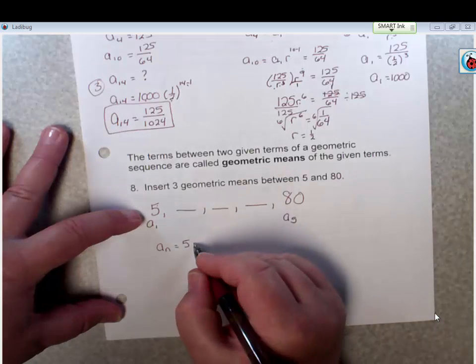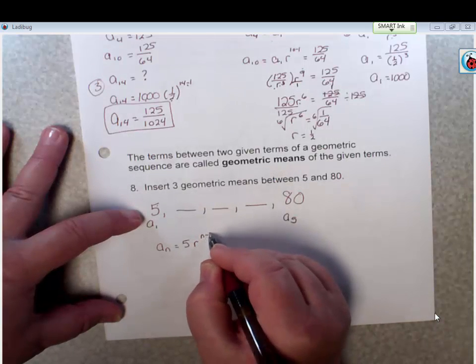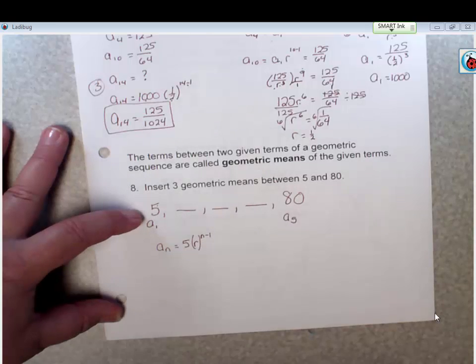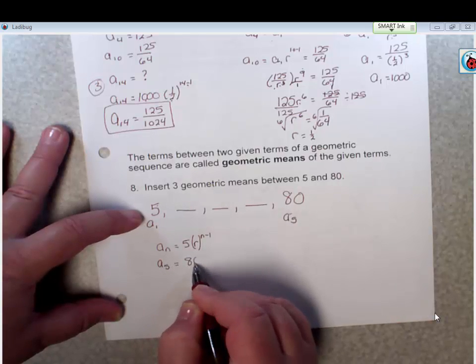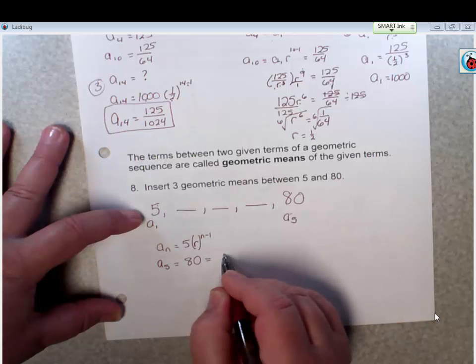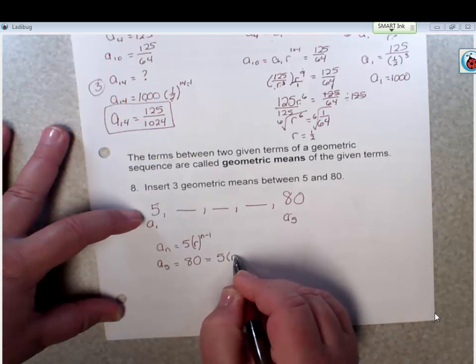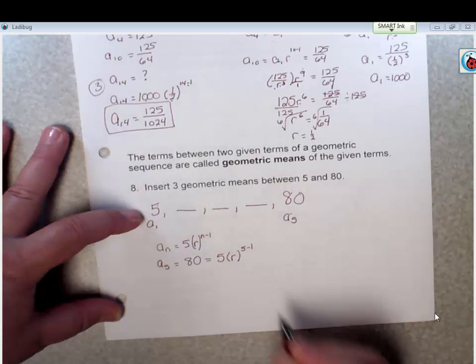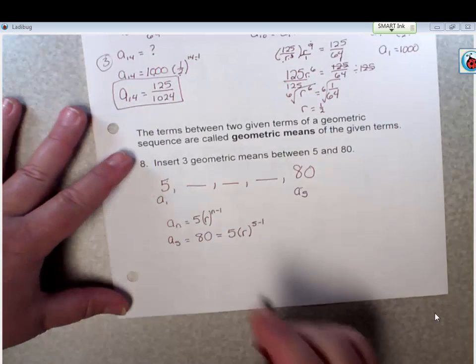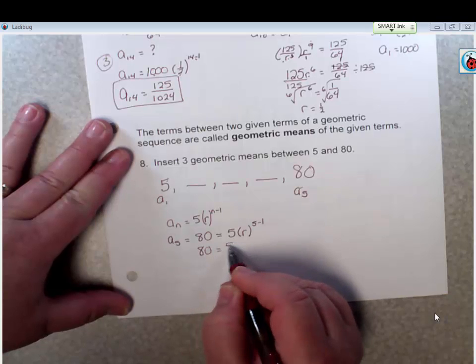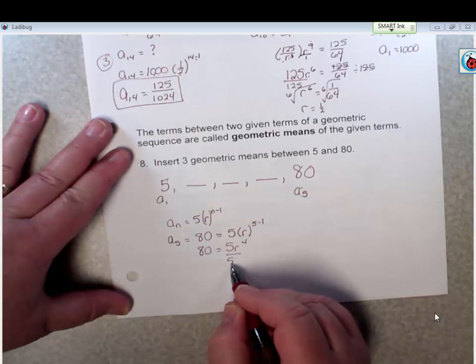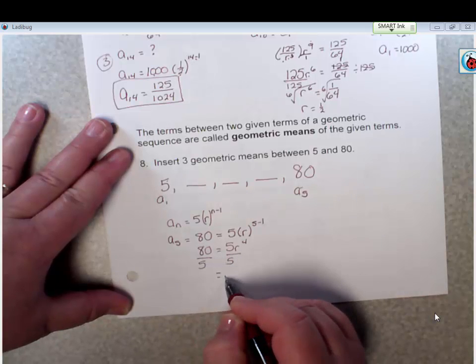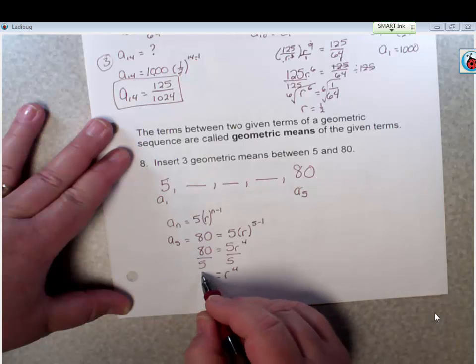No. So if we have a sub 5 equal to 80, that will be equal to 5 times r to the 5 minus 1, which means 80 equals 5r to the 4th. If we divide by 5, r to the 4th equals 16.